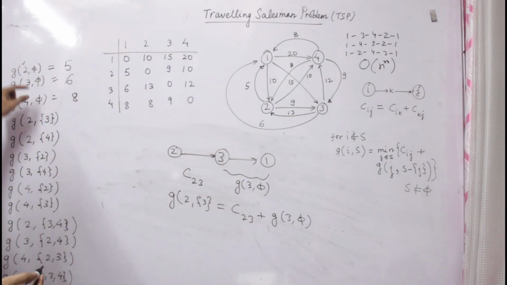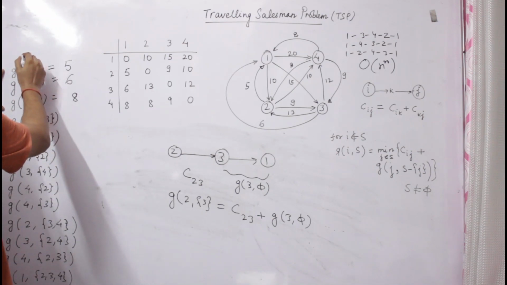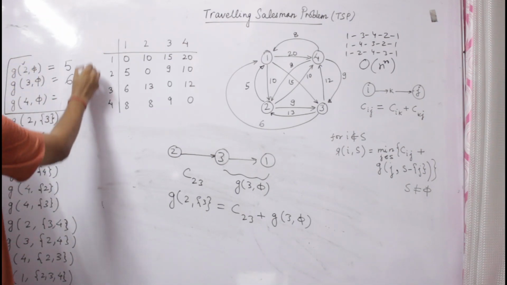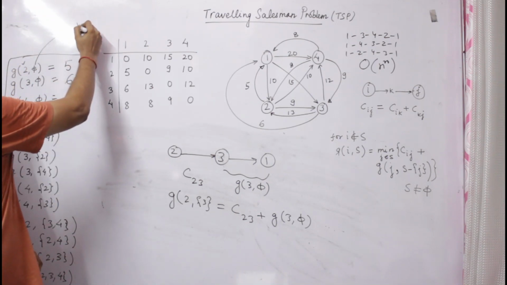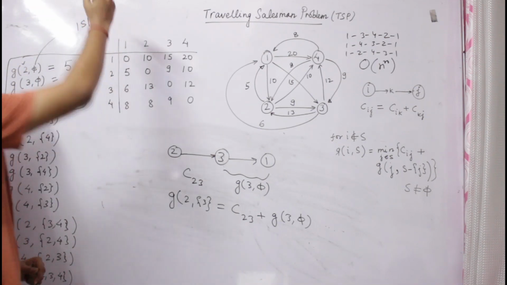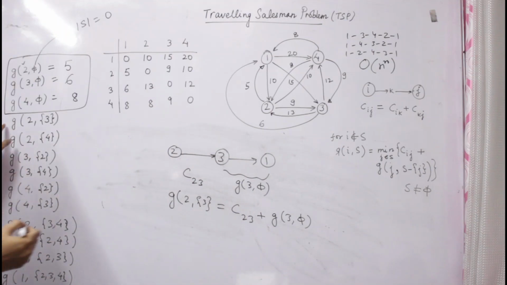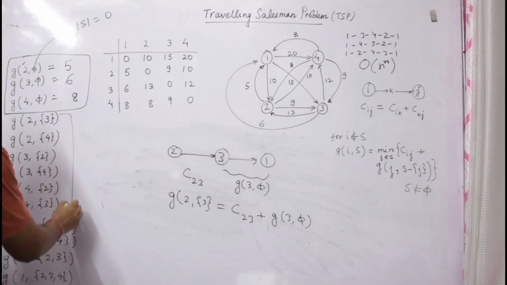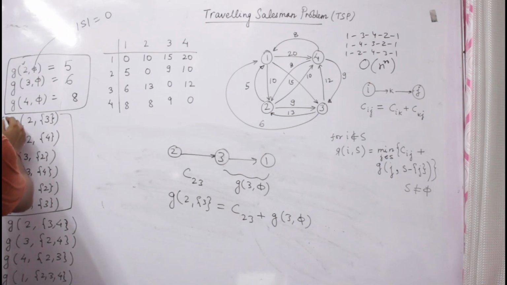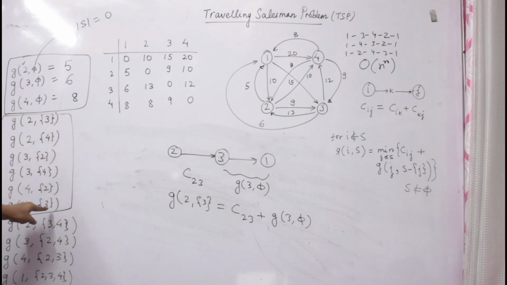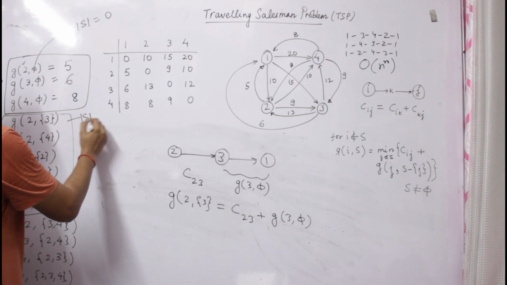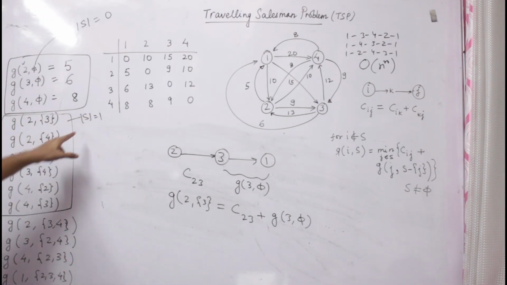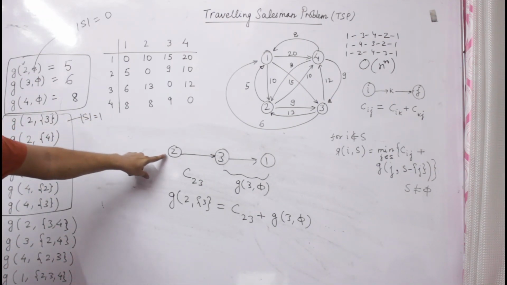Understood? In the earlier computation the length of the subset was 0. Now in this computation the length of the subset is 1. For subset length 1, it is simple.